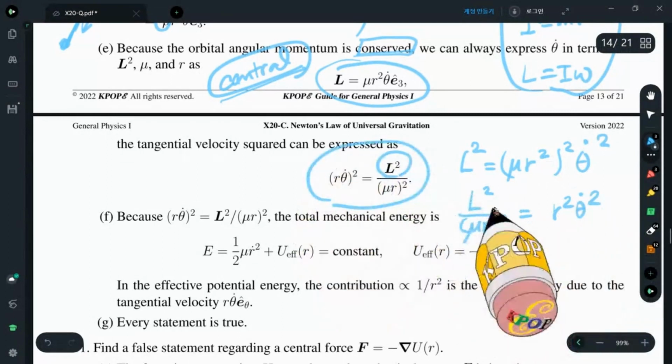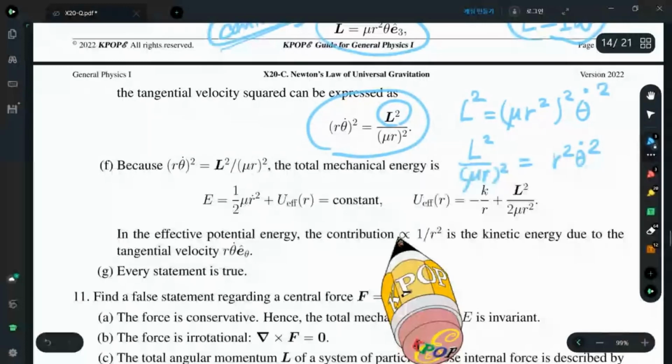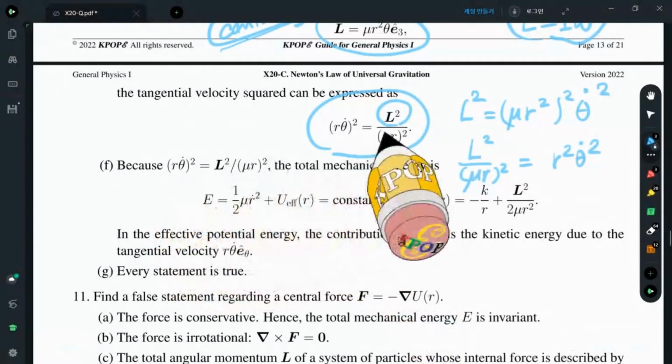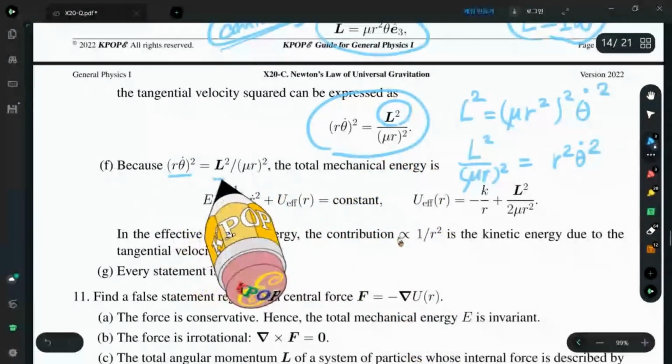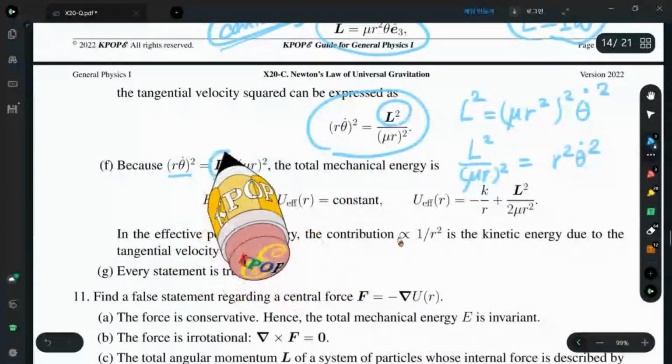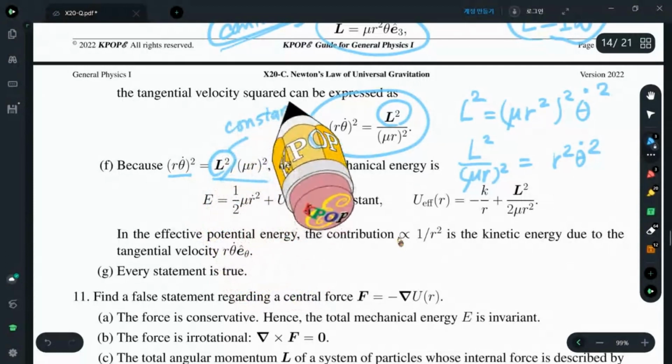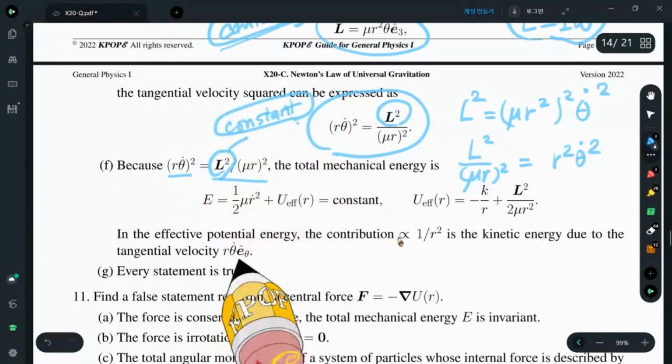This is the one. Because this is identical to this, and angular momentum is a constant of motion.